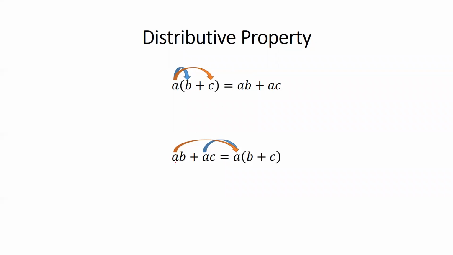If you have an expression AB plus AC, in other words, where every term has the same factor, or what we would call a common factor, you can undistribute it into A multiplied by B plus C. This reverse of the distributive property is what we call factoring out the common factor, or ideally the greatest common factor.